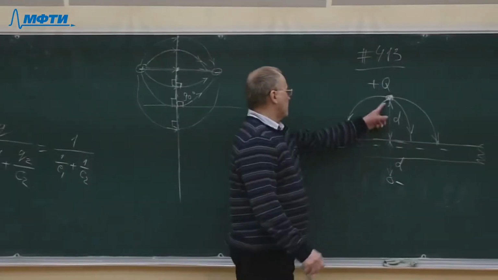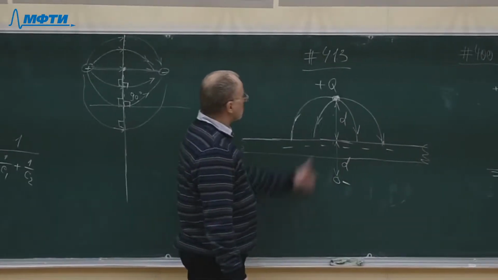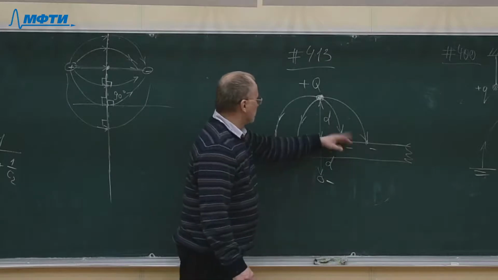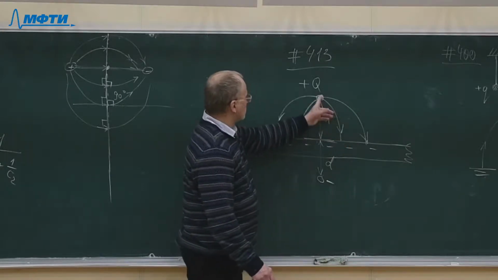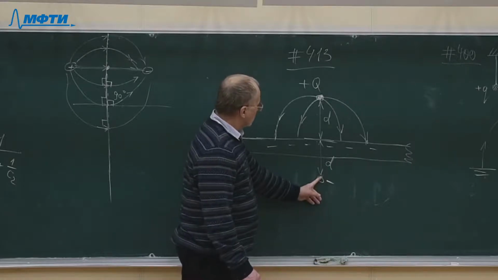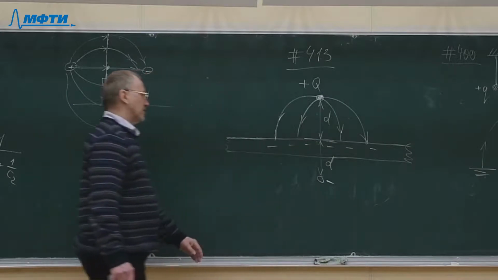So the lines of field will have the same configuration, whether you have a conducting surface here or you have no conducting surface and the 2 point charges each separated by distance d from the central surface.